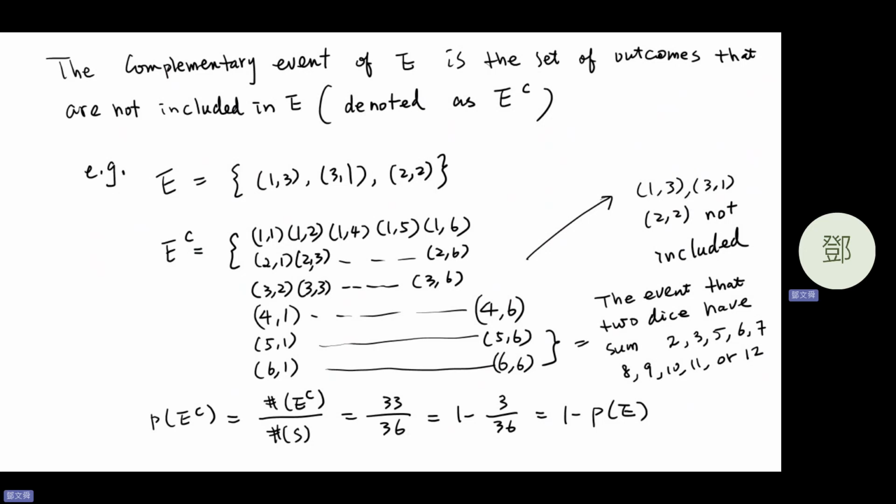But 33 divided by 36 is the result of 1 minus 3 divided by 36. So this probability is 1 minus the probability of E. So for any event E, the complement of E has probability 1 minus the probability of E.